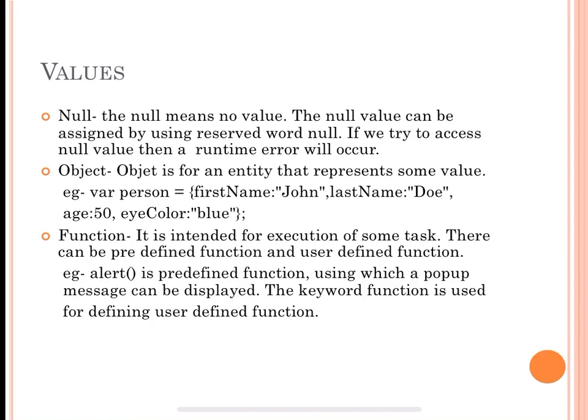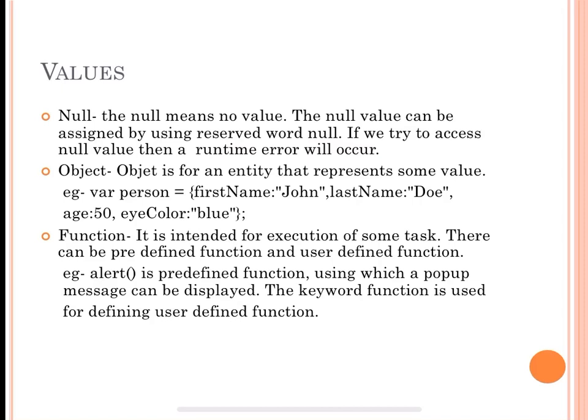Predefined functions are the functions that are already defined. For example, the alert function. Alert function is basically used to display an alert message on the screen and it is already predefined by the browser. There is no need to define that function. Next is a user defined function.